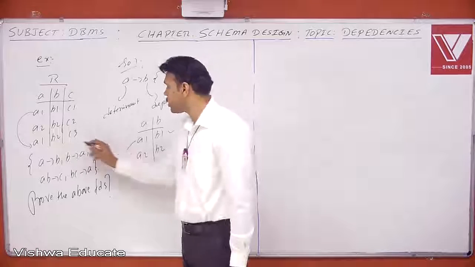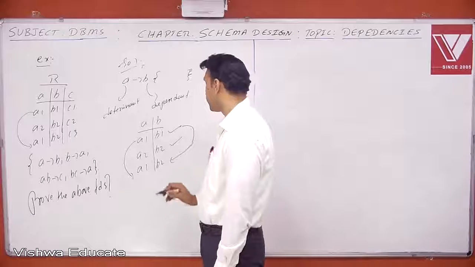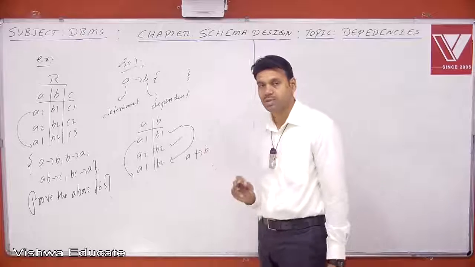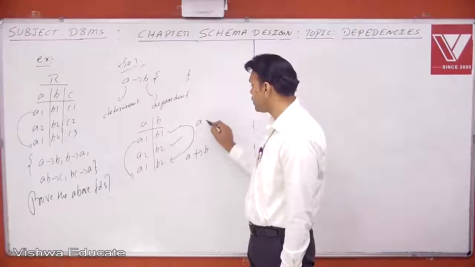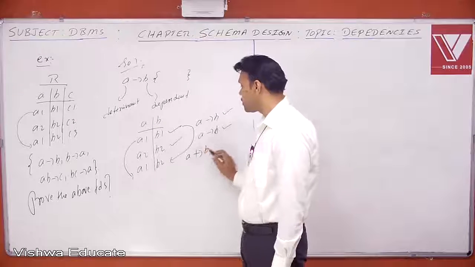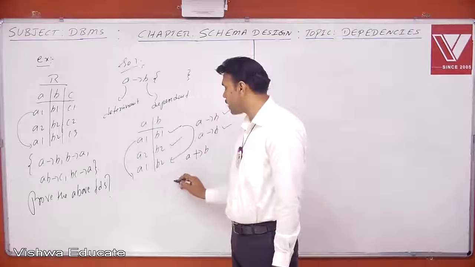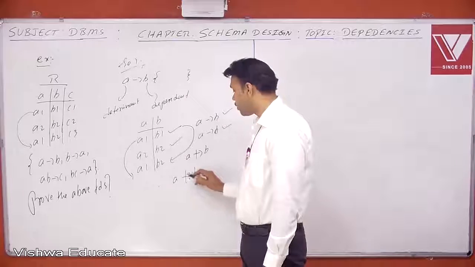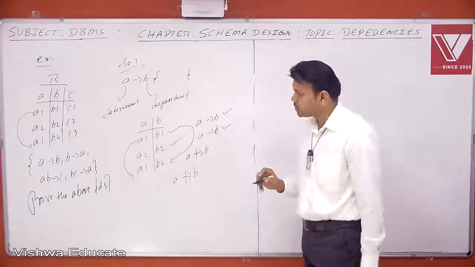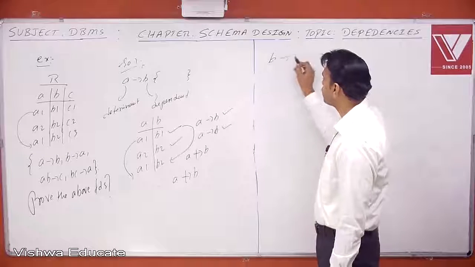But what is given there? B2. And therefore, this is a failure condition as far as A tends to B is concerned. Therefore, I can write A does not imply B. Let us check the second one, B to A.